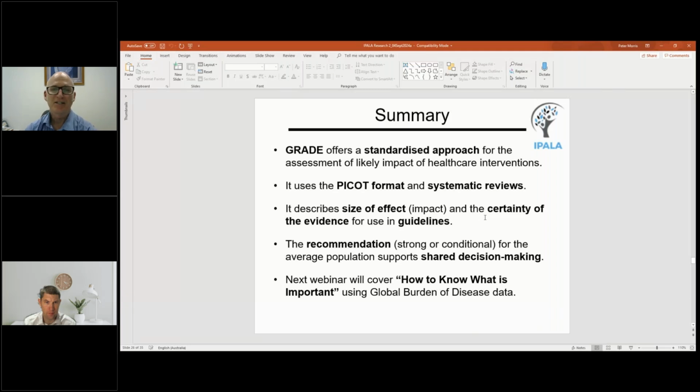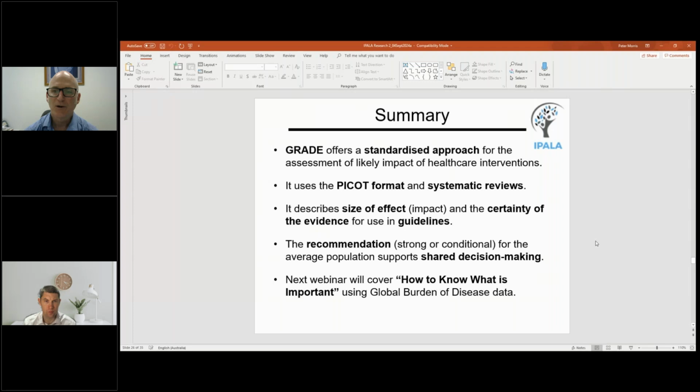The recommendation approach within the guidelines can use either a strong or a conditional recommendation for the average population, and the intention is that the evidence is used to inform decision making. So they have an evidence to decision framework that they recommend.